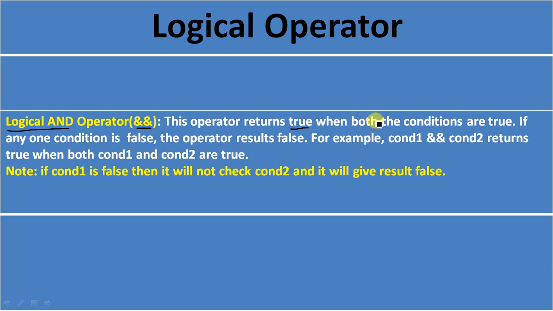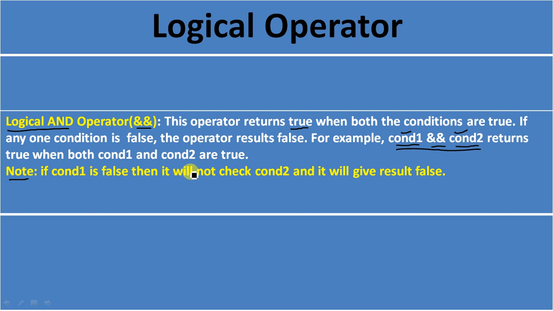For example, condition 1 logical AND operator condition 2. This expression will return true if both condition 1 and condition 2 are true. Here is one note: if condition 1 is false, then it will not check condition 2 and it will give the result false.